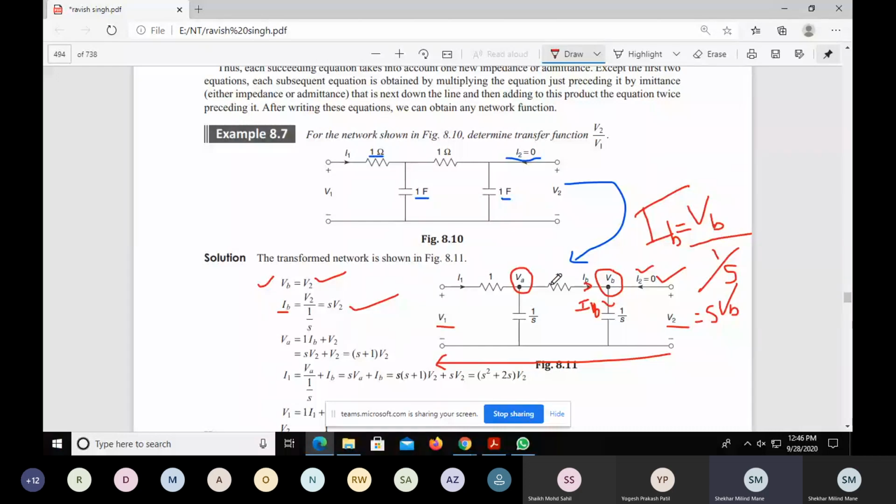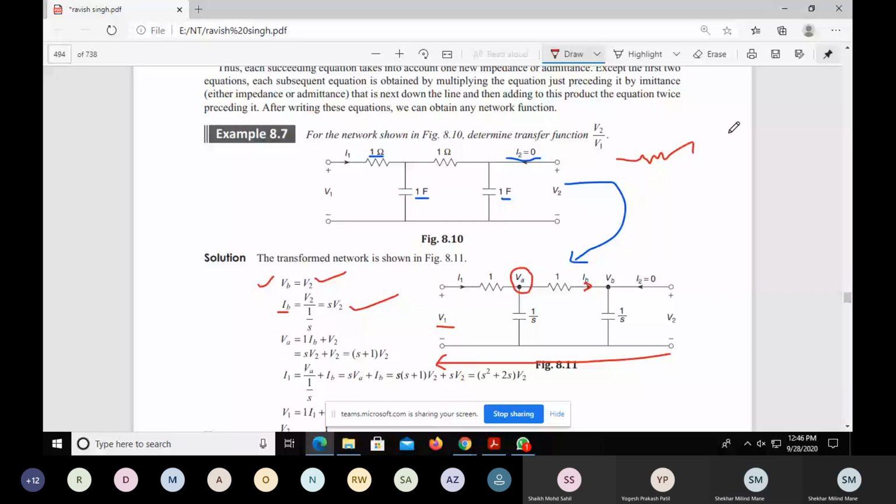Now our next assumption is VA. Now all of you know that nodal analysis.